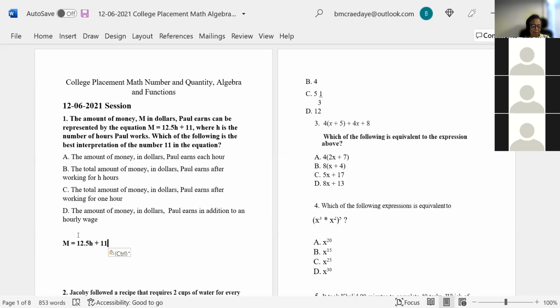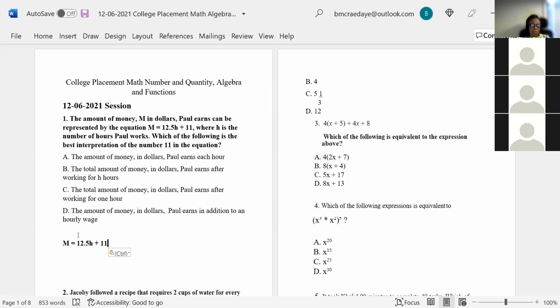Maureen, what do you think the 11 represents? I would say 11 is what you earn after the hours. Yeah, 11 is the amount that's added to his hourly rate times the number of hours.